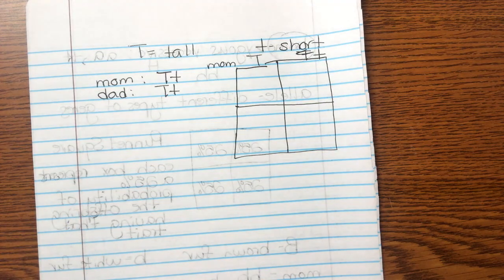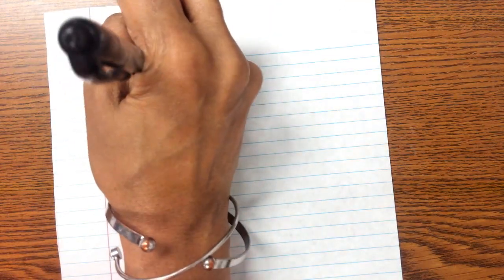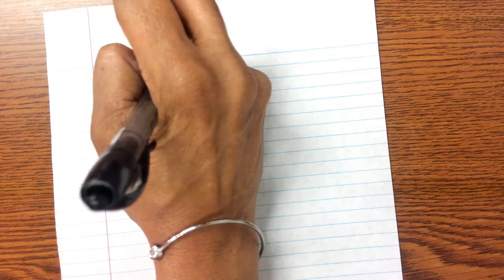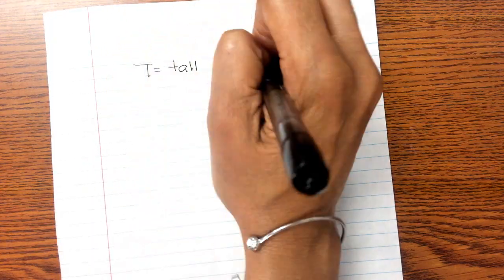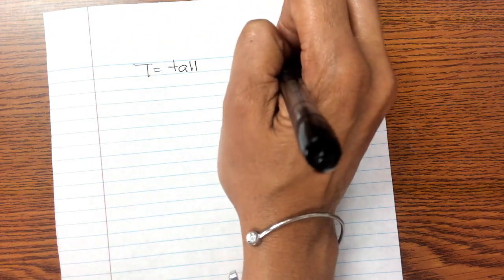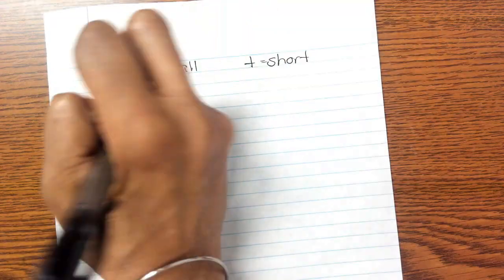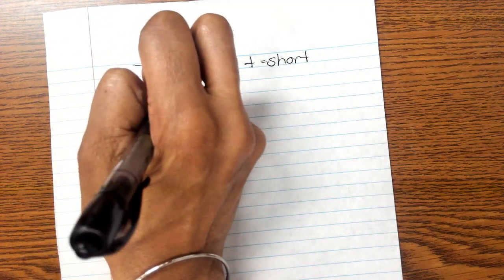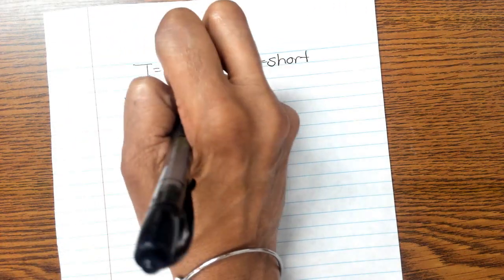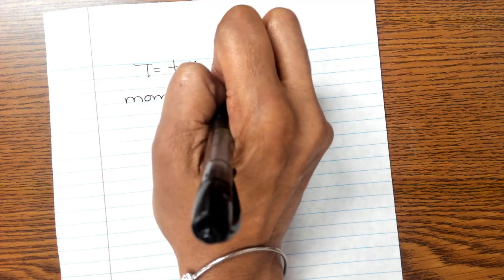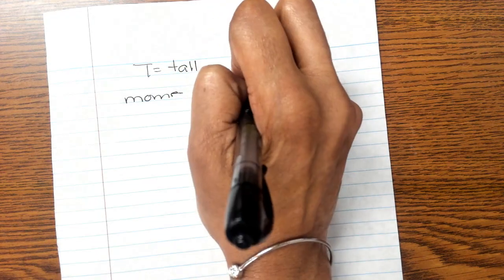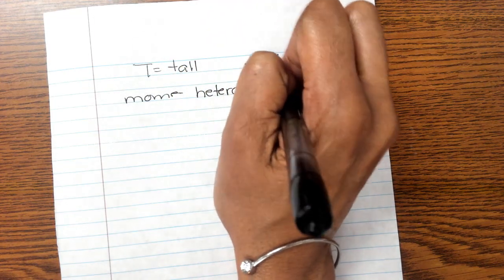Actually, guys, I'm going to change paper because I don't like the way this is bleeding through. Okay, let's do this on here. So big T is tall, little t is short. So we said that mom was heterozygous dominant. I'm just going to abbreviate.